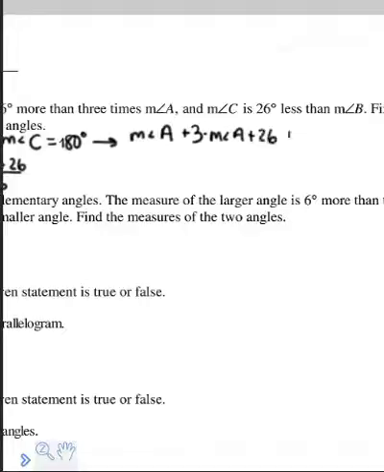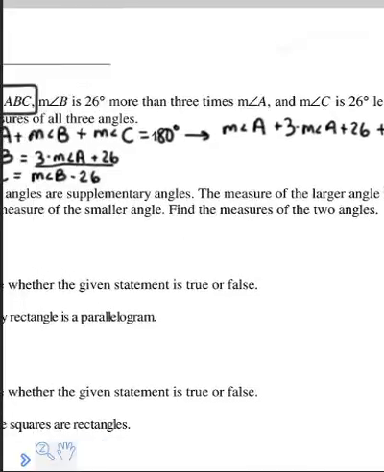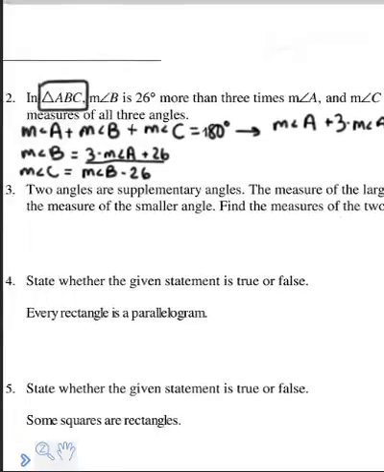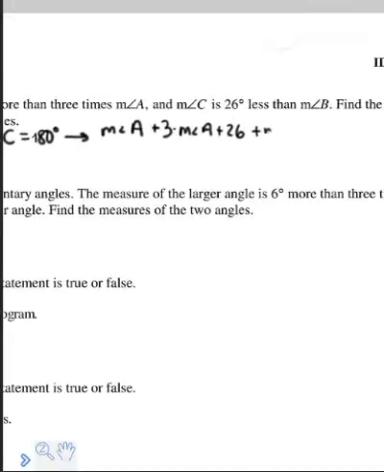And then instead of plus the measure of angle C, I'm going to substitute this expression for the measure of angle C, measure of angle B minus 26, and that's equal to 180. 26 and negative 26 cancel each other out.